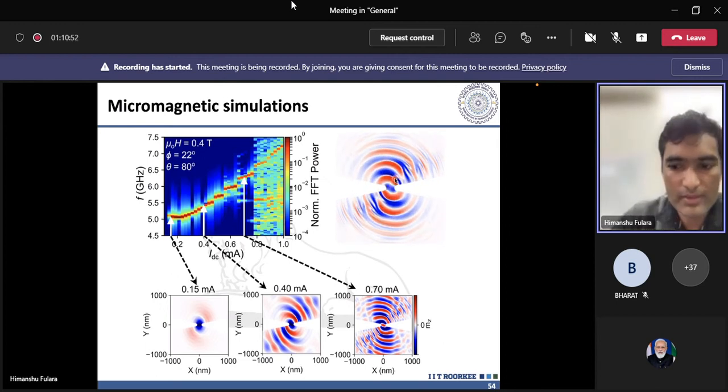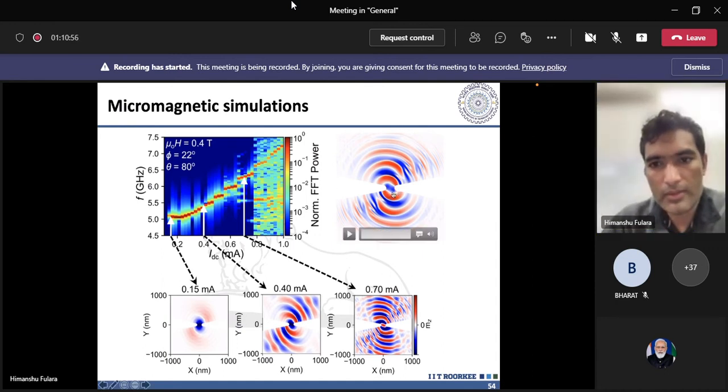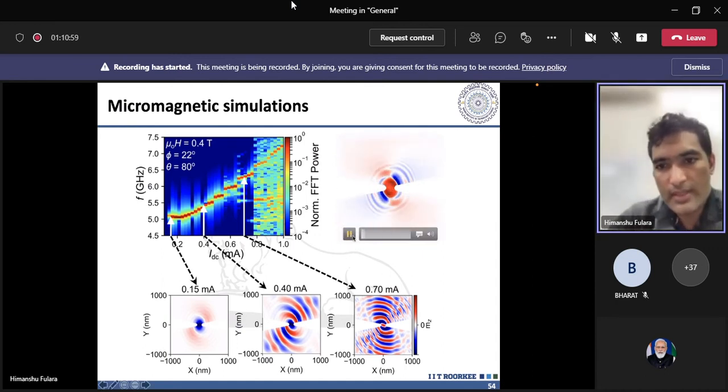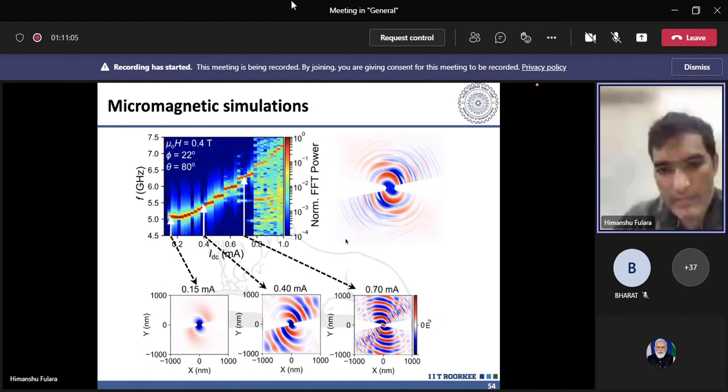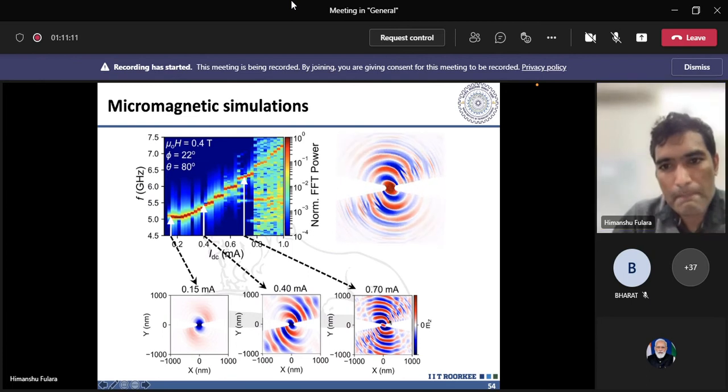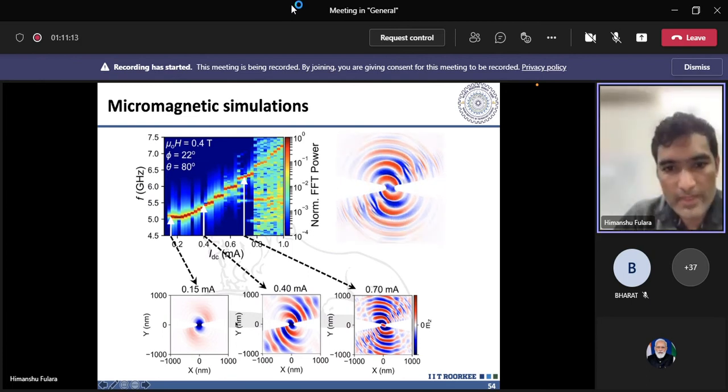If you see from the beginning, initially they are localized and then they start to propagate with the increasing k vector. So these are the propagating spin waves, and these are localized in a certain area.